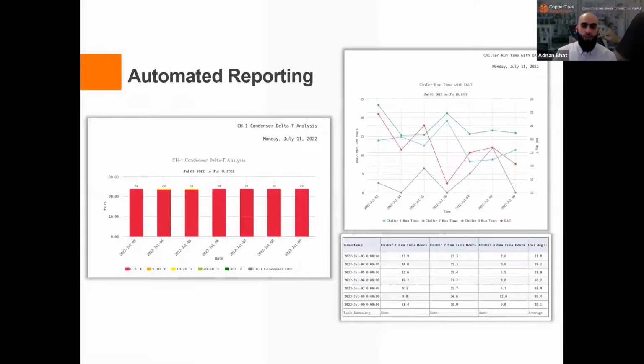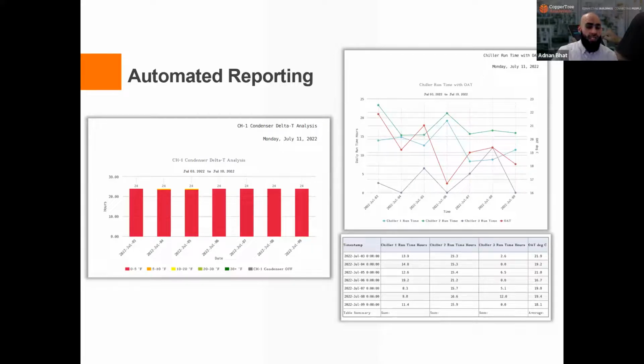Here are some other examples of reports that can be automatically generated at a daily, monthly, or weekly frequency. The image on the left is a condenser delta T analysis report showing the number of hours within a 24-hour period when the condenser is in different ranges of delta T. Red indicates, in this particular case, a delta T of 0 to 5 degrees Fahrenheit.